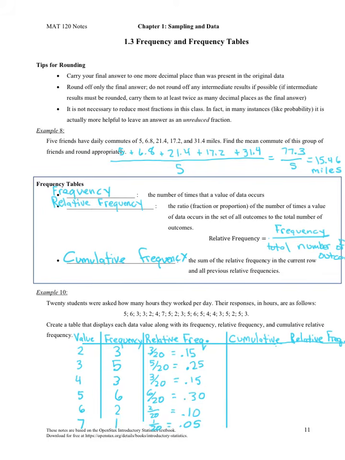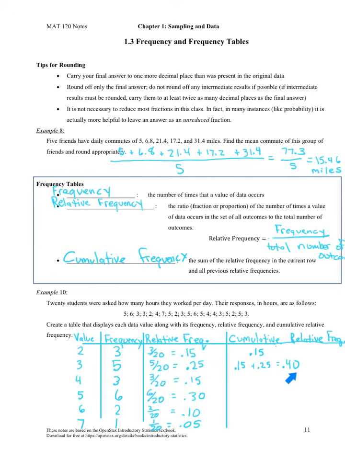Let's consider our column for the cumulative frequency. What we do here is we start out with our first relative frequency value, which is 0.15. Then we need to go down to our next relative frequency value and add that to 0.15. And we'll have our cumulative frequency for the value of 3 equaling 0.40.